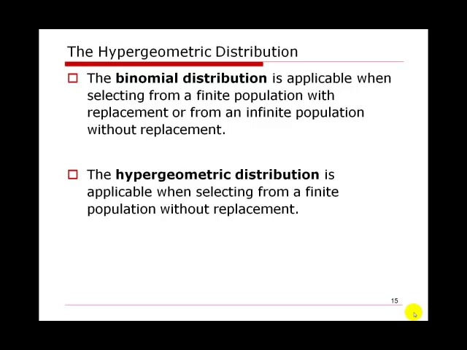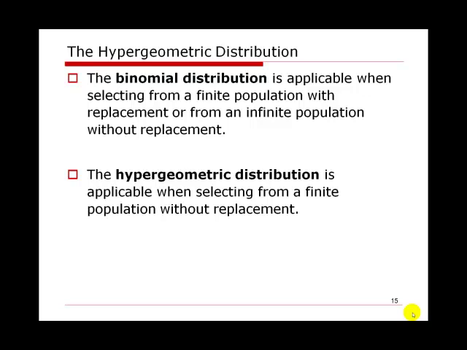If we try to summarize the difference, the binomial distribution is applicable when selecting from a finite population with replacement, or from a finite population without replacement where the independence of the observation outcomes and the constant probability of the event of interest are satisfied.